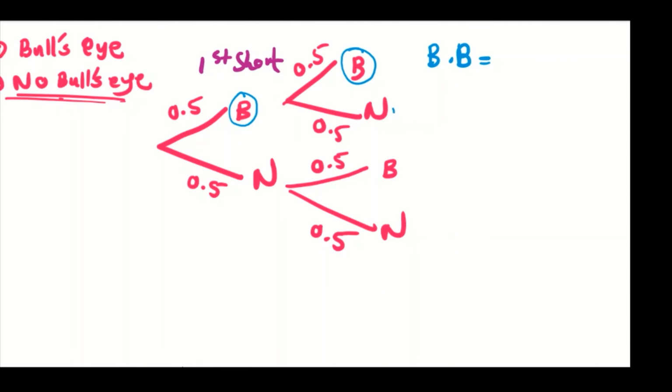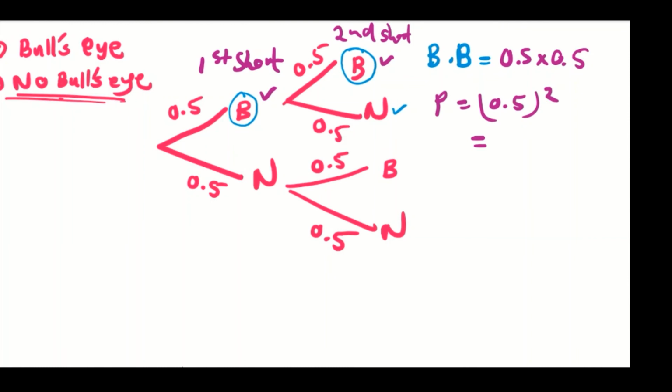Because you cannot choose this one, as it means that in his second shot he missed. So we consider only this and this one here, which is 0.5 times 0.5. So the probability is 0.5 squared, which gives us 0.25. So 0.25 is the answer for this problem.